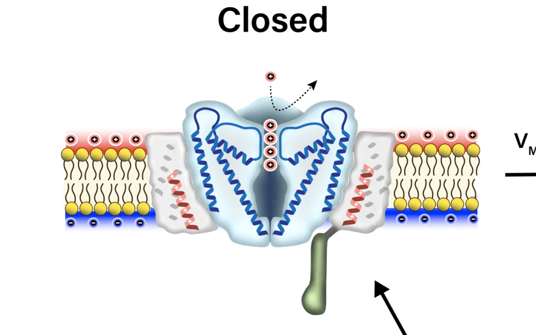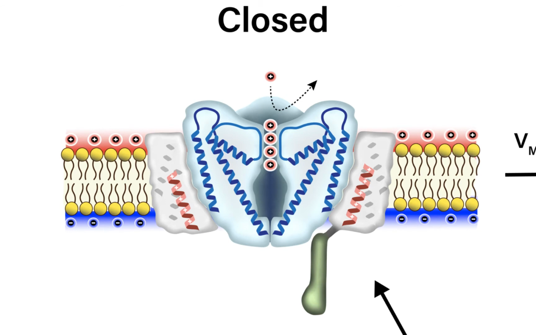When the membrane potential is relatively negative, this creates an electrical field that tends to pull the positively charged voltage sensors downward towards the inner leaf of the plasma membrane. This is because the positive charged residues within the voltage sensors are attracted to the net negativity on the inner leaf of the membrane and repelled from the net positive charge on the outer leaf of the membrane.